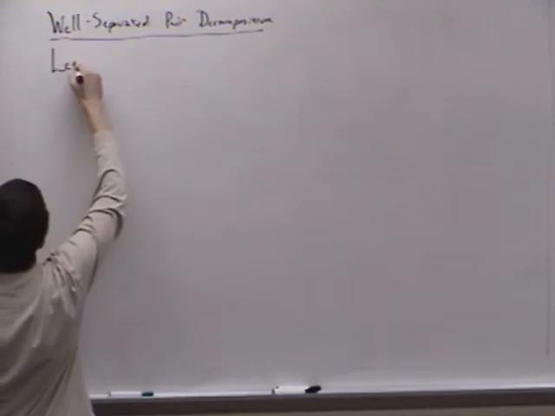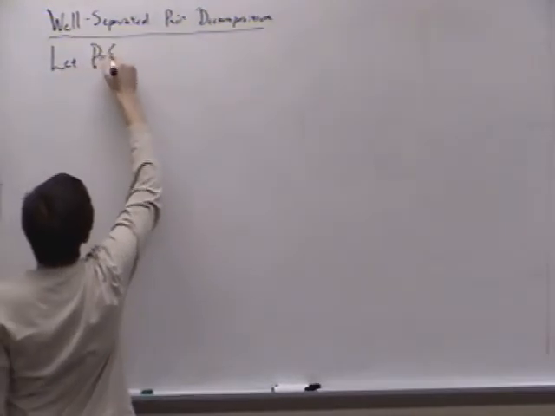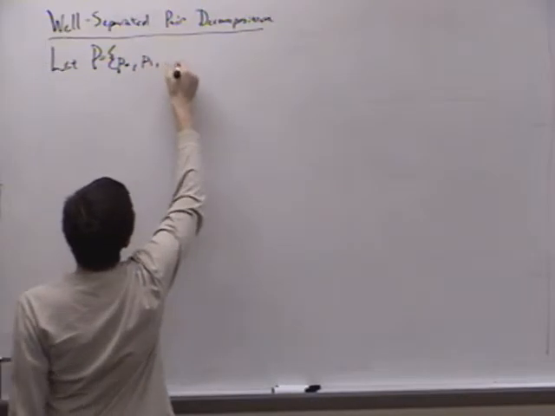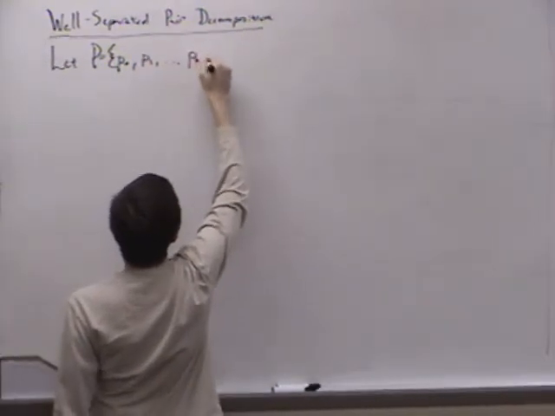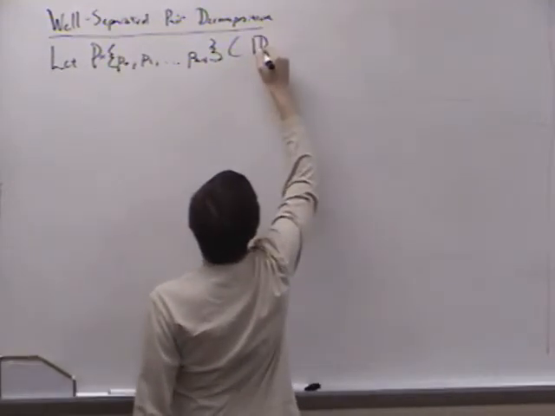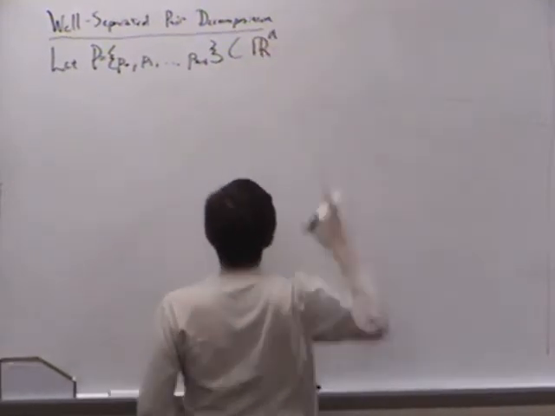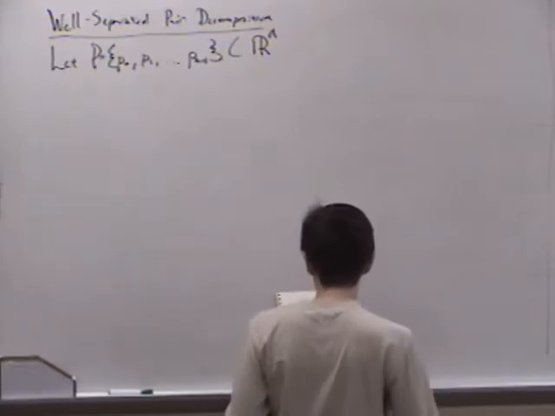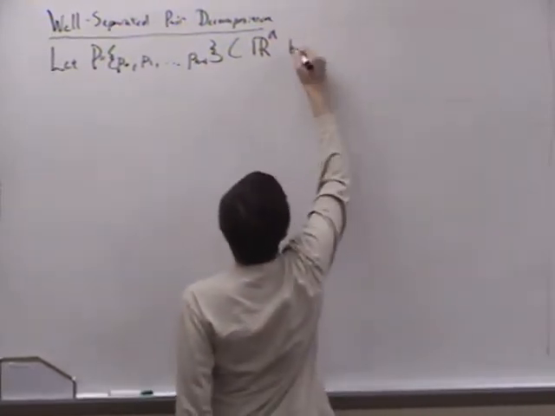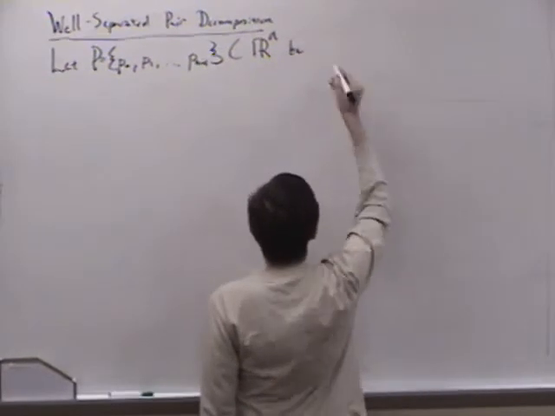So let P be some collection of points, right? We'll label them with subscripts. And again, there's going to be n of them. And these points will live in R^d or affine space, or however you want to do it. And we're going to require them to be distinct.